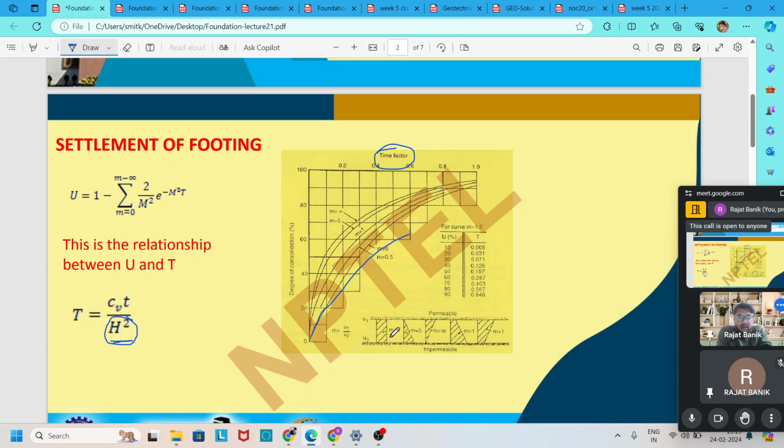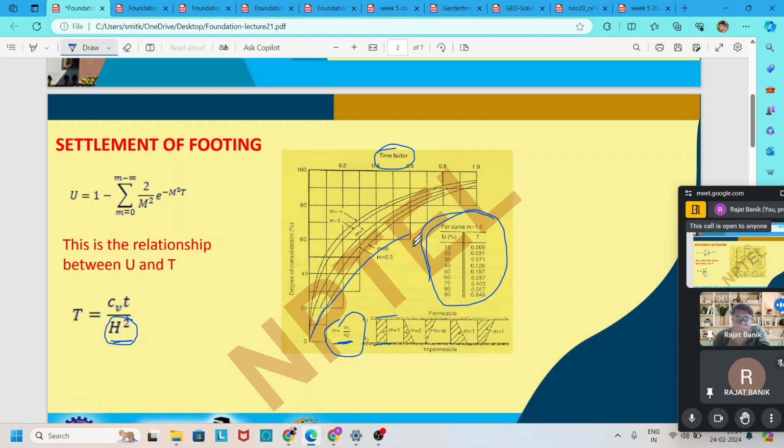It also depends on a term called m, which is nothing but the ratio of the pore pressure at the top surface to the pore pressure at the bottom surface. If the top surface pore pressure and bottom surface pore pressure are equal, then m is equal to 1, and most of our problems are based on m equal to 1.